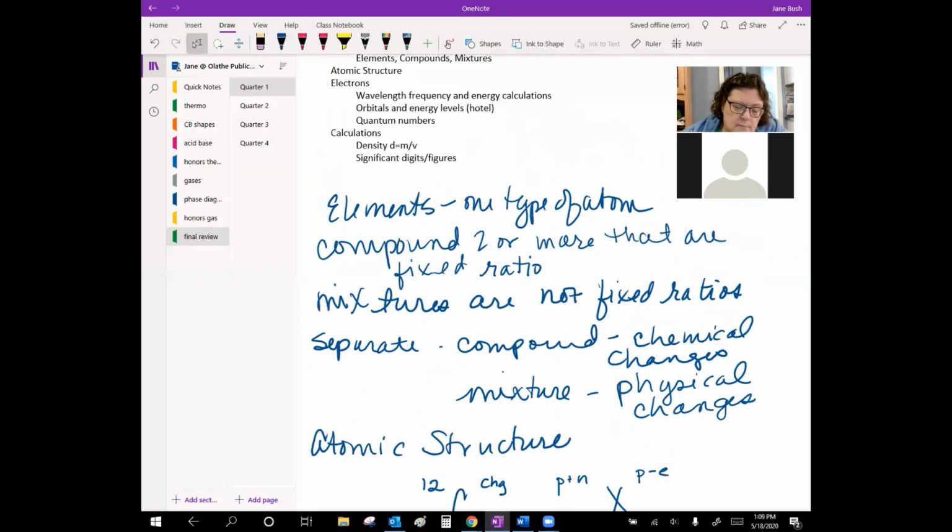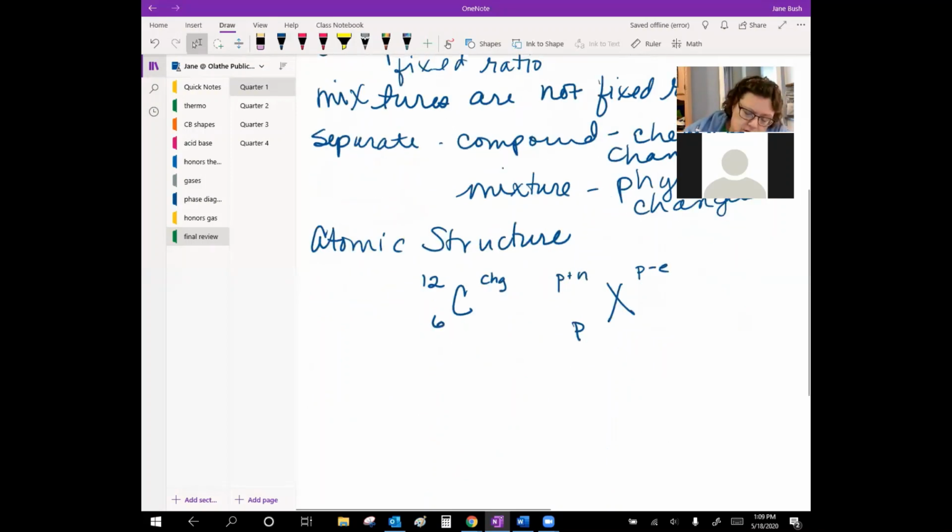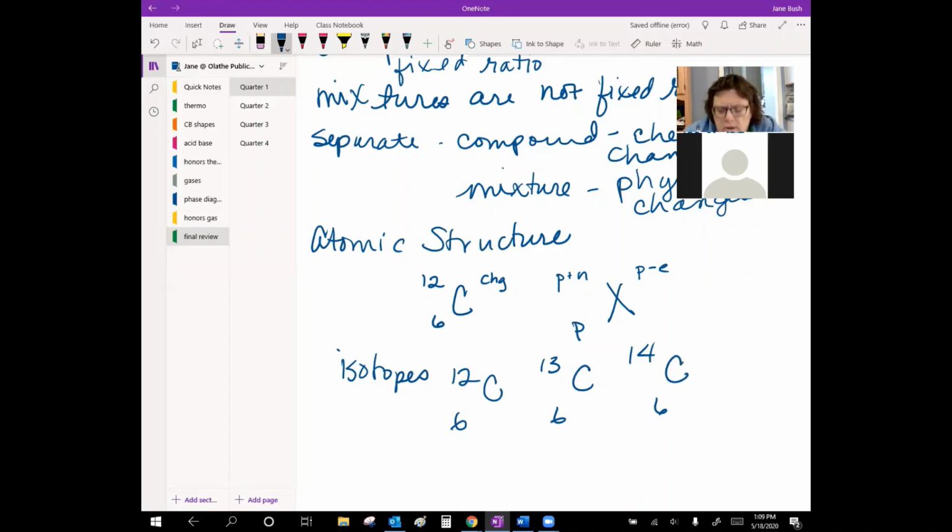We talked about isotopes. I don't even think there was an isotope question on there. Oh yeah, there is an isotope question. All right, isotopes are when you have the same element with different masses.